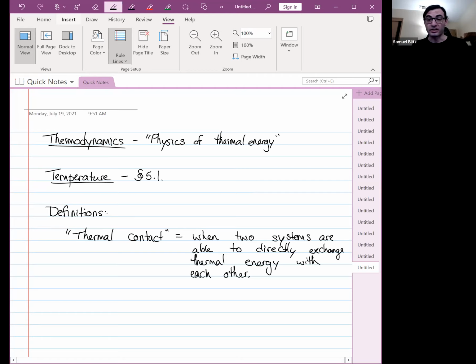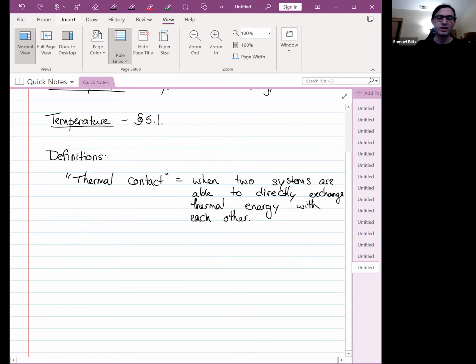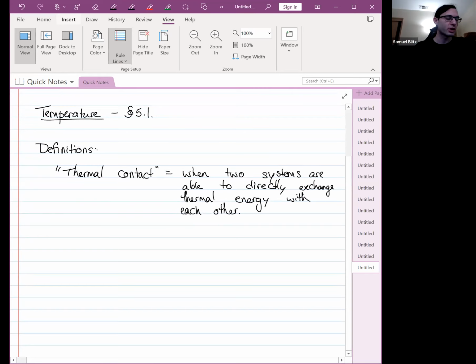So that's what thermal contact is. Anytime you have two things able to exchange thermal energy, those two things are in thermal contact.